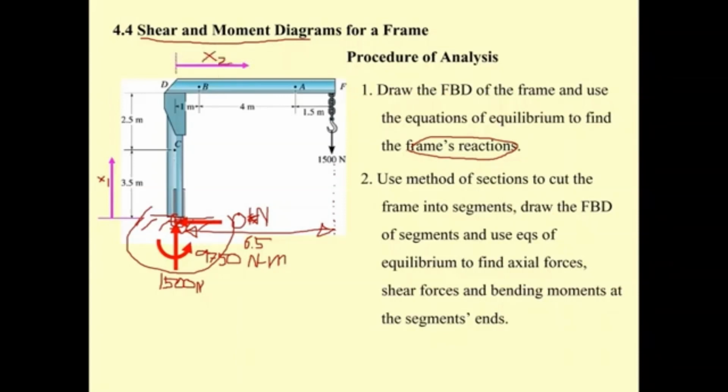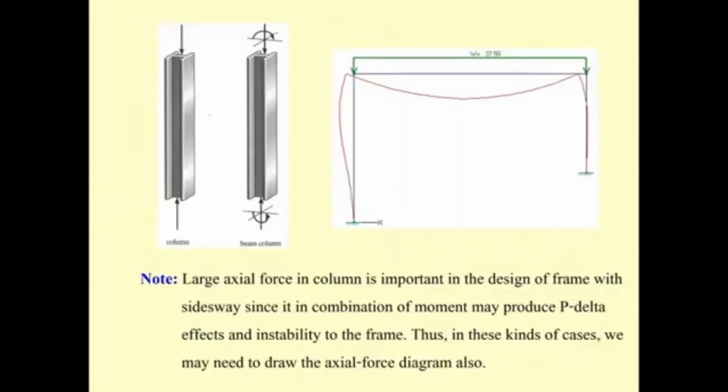And then if you cut the beam, sorry, the frame, into the given section, you can write the shear force as a function of x1 and x2, and also the bending moment as a function of x1 and x2. In that case, you will get the equation, and then you can draw the shear diagram and the moment diagram of the frame. Okay, by doing this, we go further.